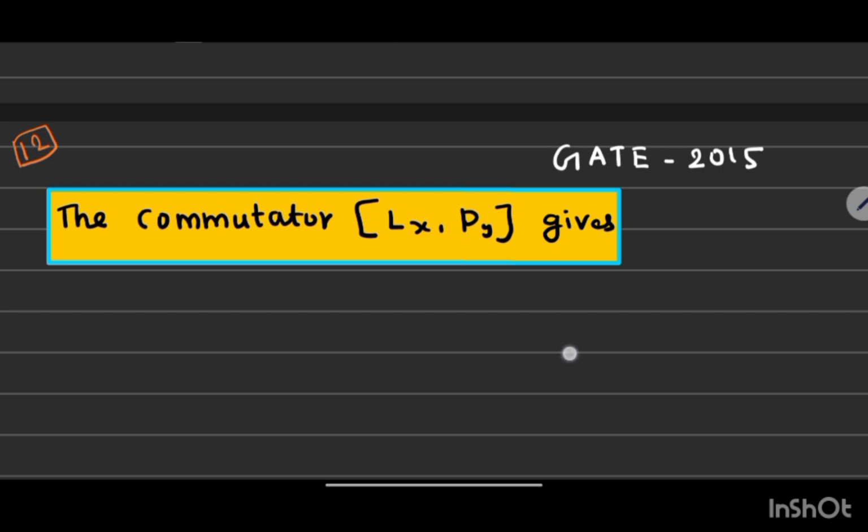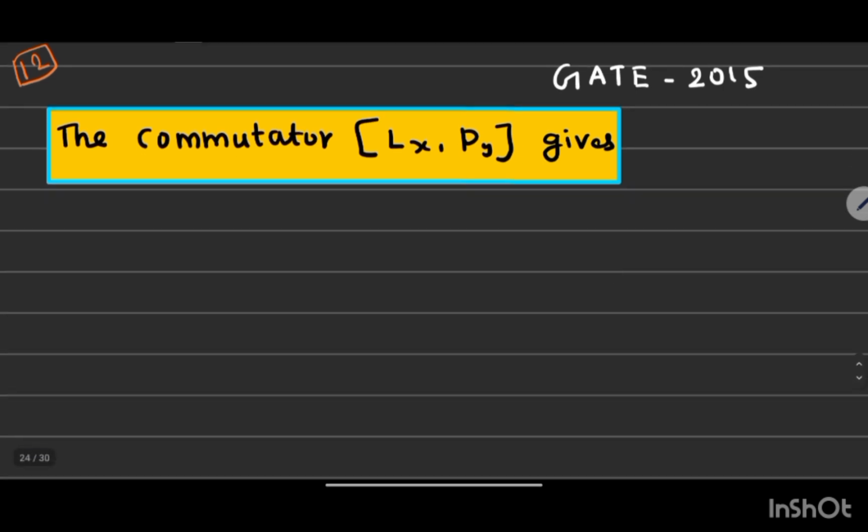To solve this, we need to know the distributivity property of commutation relations. Also, we need to know the orbital angular momentum components in terms of linear momentum and position coordinates. Let's first find the orbital angular momentum components in terms of x, px.